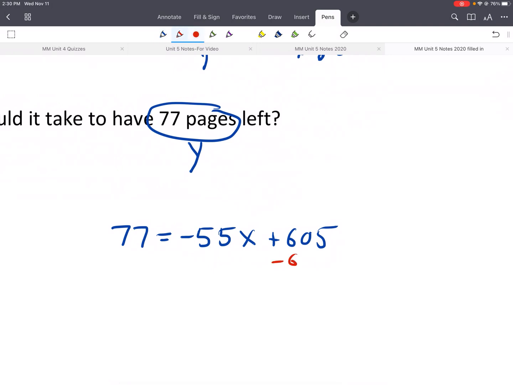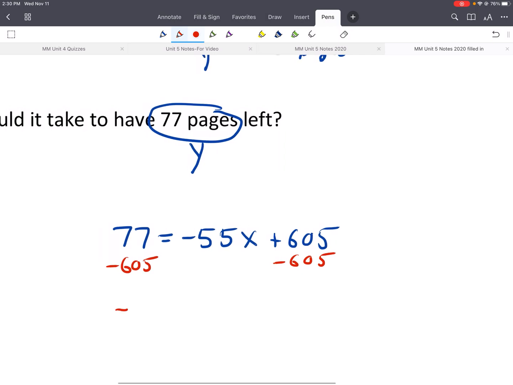So here we would need to subtract 605. So 77 minus 605 gives us -528, which is equal to -55x. And then we divide both sides by -55.